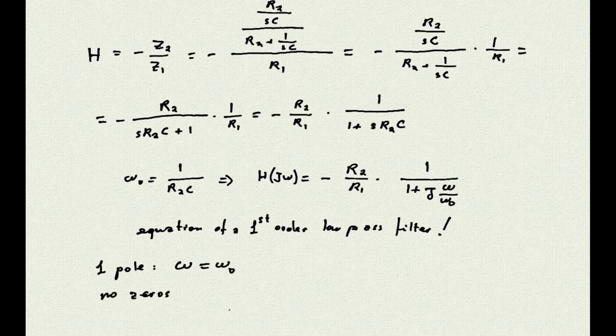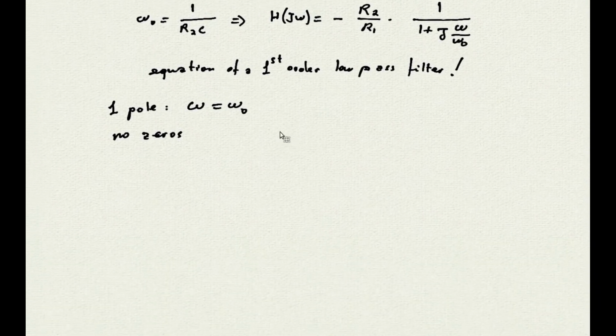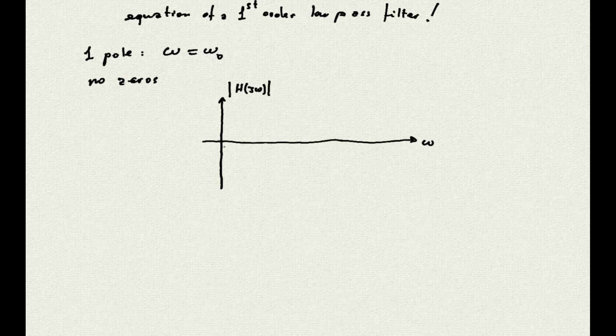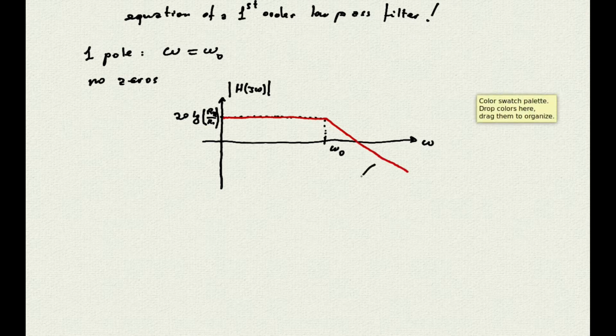And we can also draw the Bode diagrams for the magnitude and the phase. For the magnitude, we need to start with the logarithmic value of the ratio of R2 and R1 multiplied by 20, which is the amplification in dB of the filter in the region below the cutoff frequency. After the cutoff frequency, because of the presence of the pole, the amplification declines at a pace of 20 dB per decade, or 6 dB per octave.